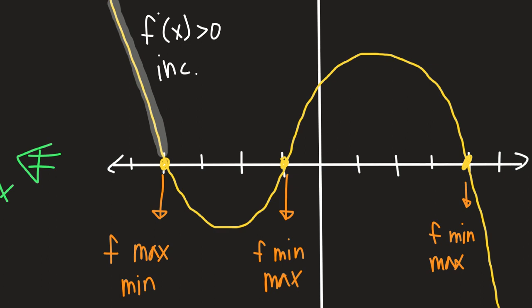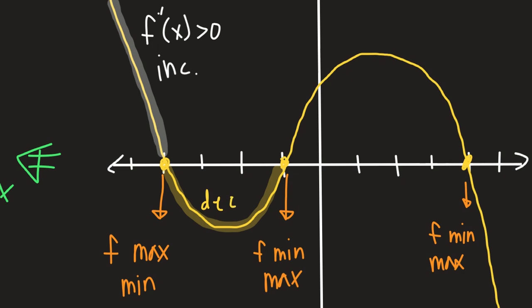The y values are increasing on your f function if the first derivative is positive. And if the first derivative is negative, or below the x-axis, like it is here, that means your function is decreasing. So this is a decreasing interval between -4 and -1.